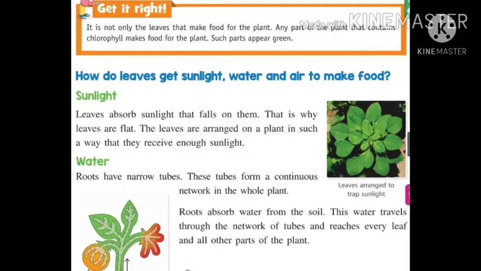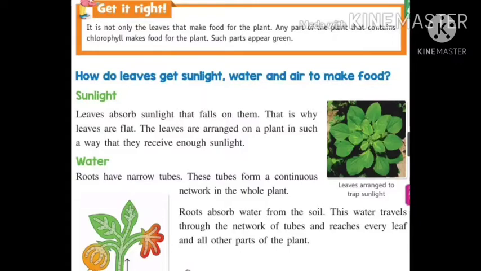Like a cactus plant, it doesn't have any leaves, yet it makes its own food. How do they make it? With the help of their stem, because the color of the stem is green, and green means it has chlorophyll.